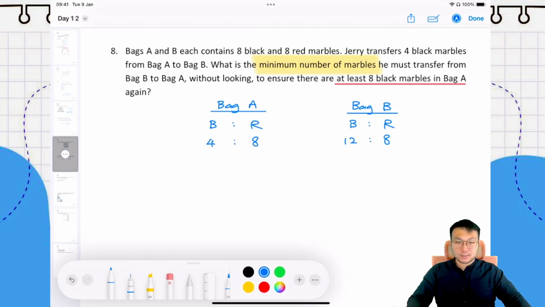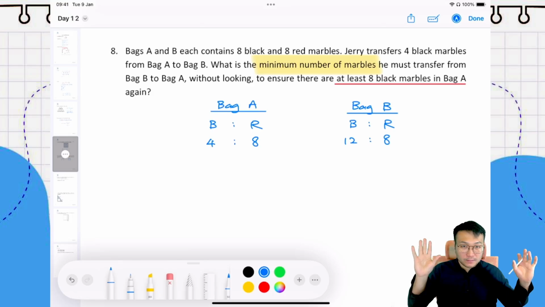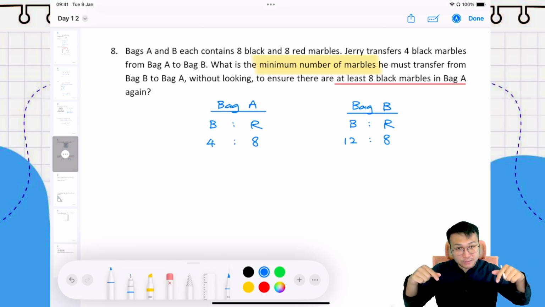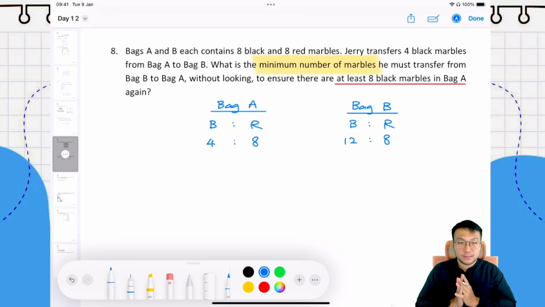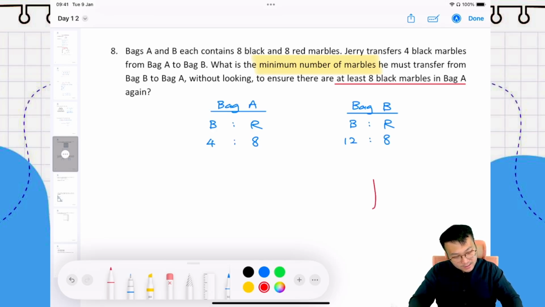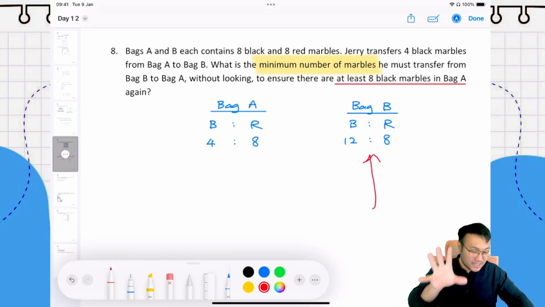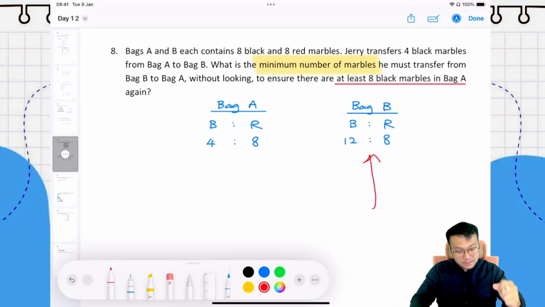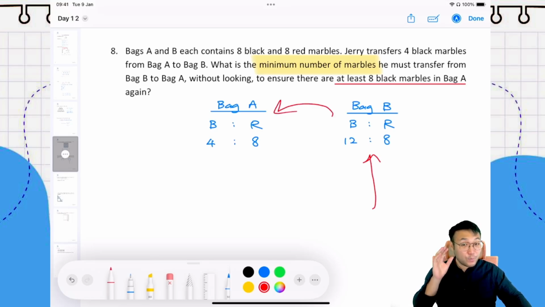So students, right now what's the situation? Bag A has 4 black and 8 red. Bag B has 12 black and 8 red. That's the situation right now. So what's going to happen? Now you are Jerry. What must Jerry do? He must stick his hand into bag B, grab some marbles, and transfer them to bag A. What is his ultimate goal?